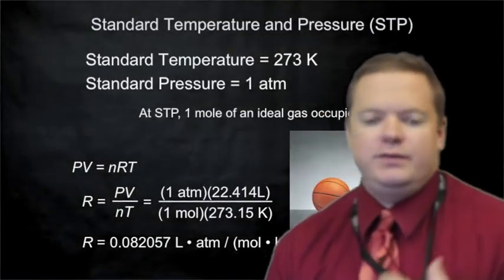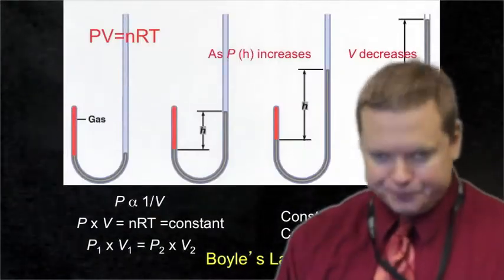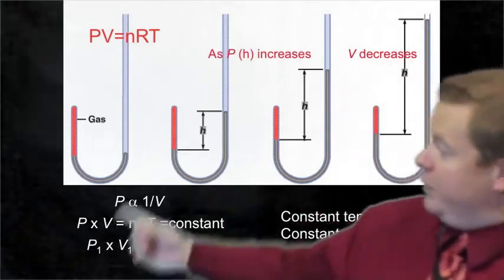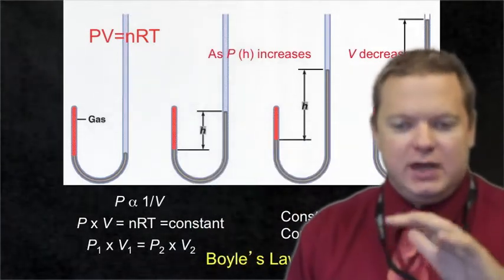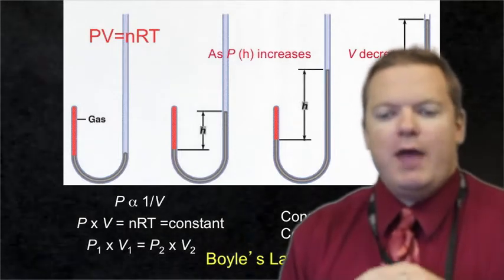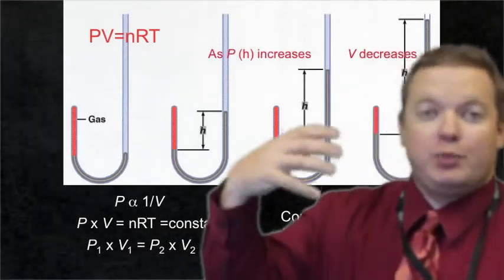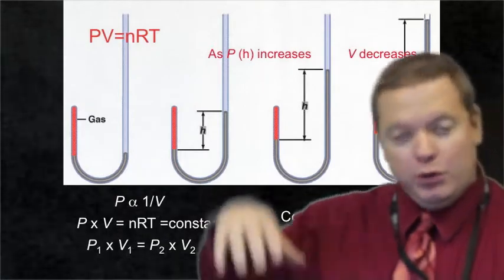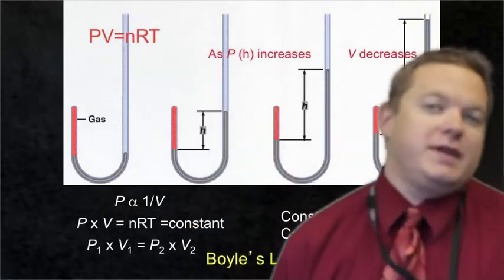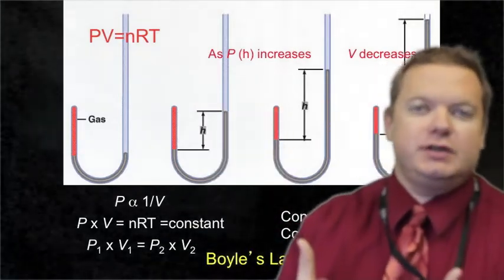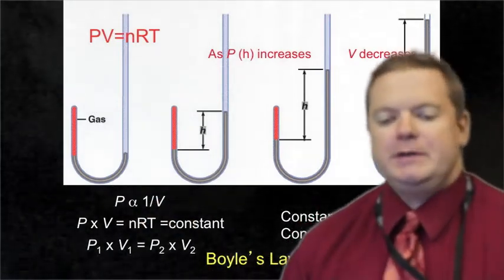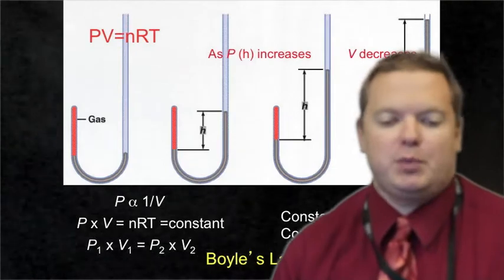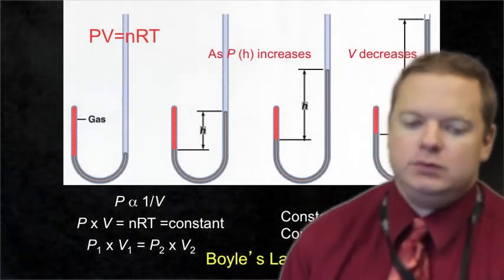So let's look at this example. If we go across these, we see that the volume of gas is getting smaller. And the volume of gas is getting smaller because we're putting more mercury in this tube, which means that the mercury is pushing on this gas more, so the pressure is increasing. So as the pressure increases, we see that the volume decreases. That means that the pressure is inversely proportional to volume.